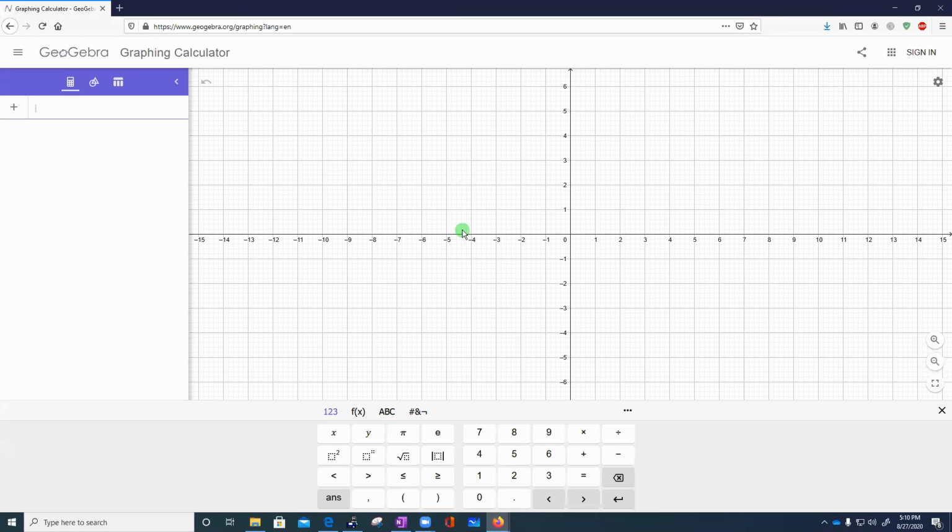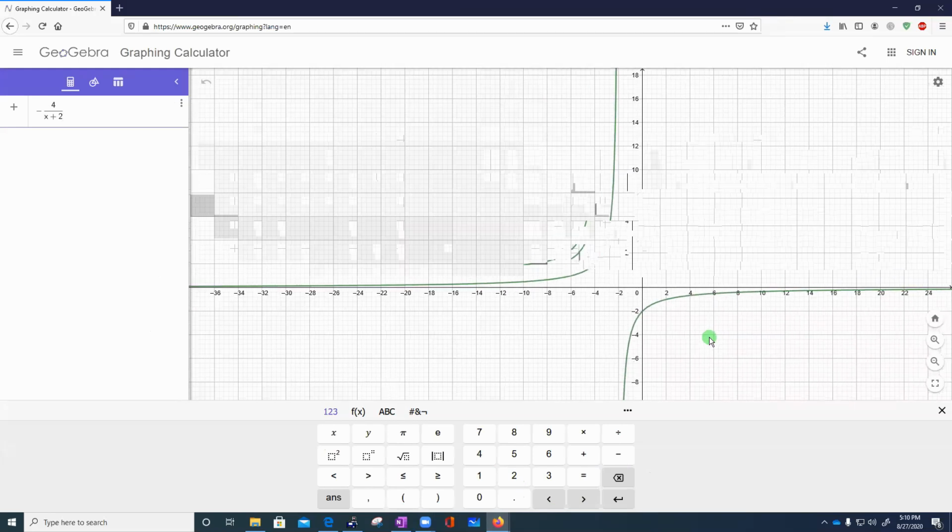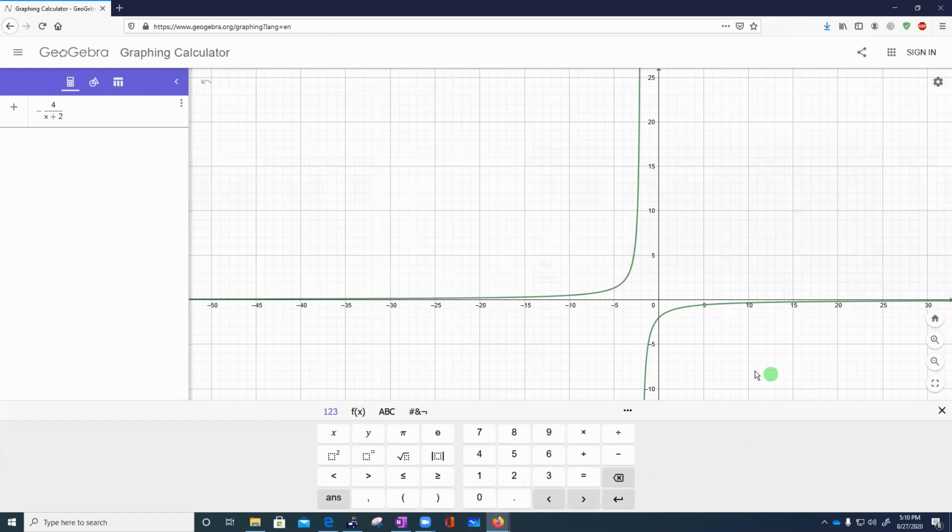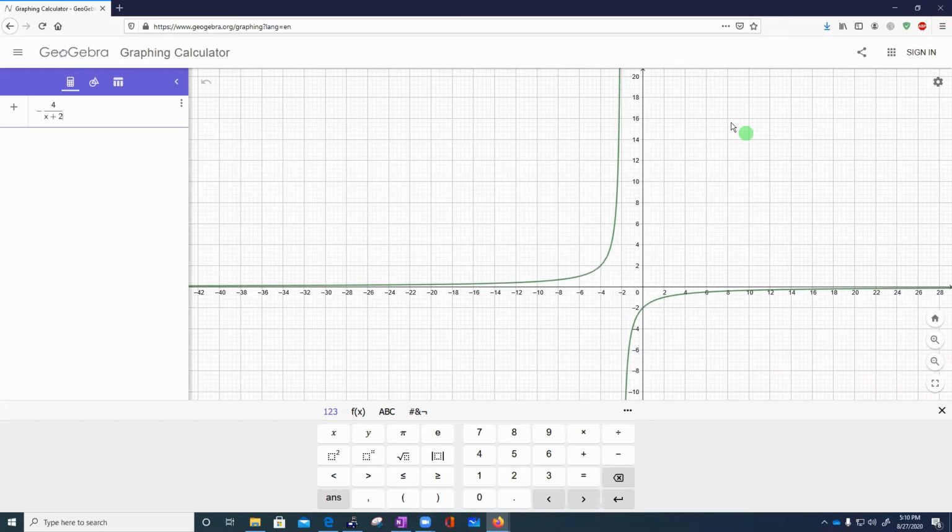Yes. Okay, I'm going to draw now the graph of -4 over x plus 2, right? What kind of graph am I getting now? Look at the curve. Do you see the curve now? This is the graph I'm drawing for the given problem. When x approaches -2, you see now you have a vertical asymptote. Do you see that?